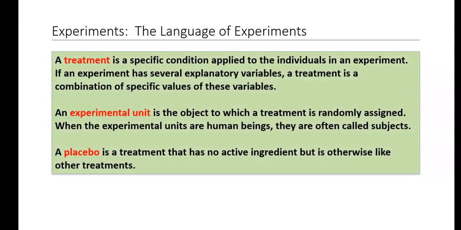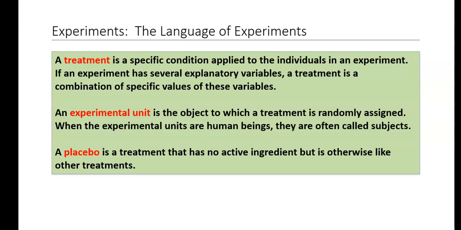A treatment is a specific condition applied to the individuals in an experiment. If an experiment has several explanatory variables, a treatment is a combination of specific values of these variables. Experimental unit is the object. Okay, so a treatment is what you're getting with that.